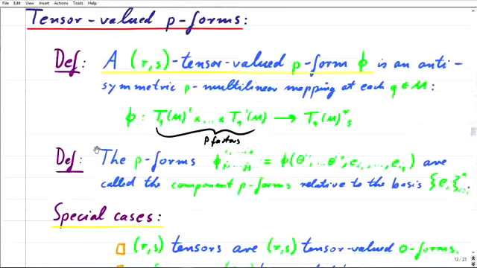So the definition is that an RS tensor-valued p-form phi is, in particular, an antisymmetric p-multilinear mapping, in other words, a differential form, at each point of the manifold, which is such that it takes p tangent vectors as inputs, and it outputs an RS tensor.